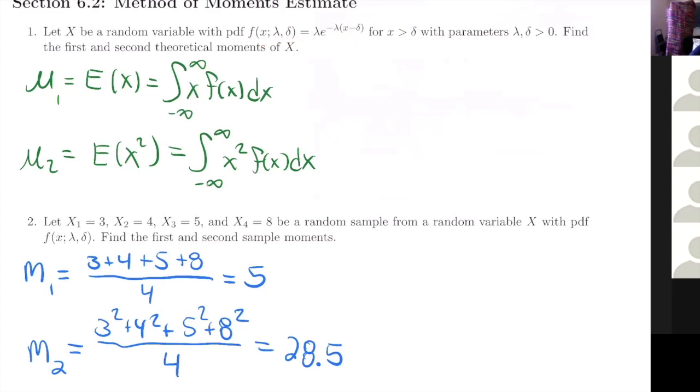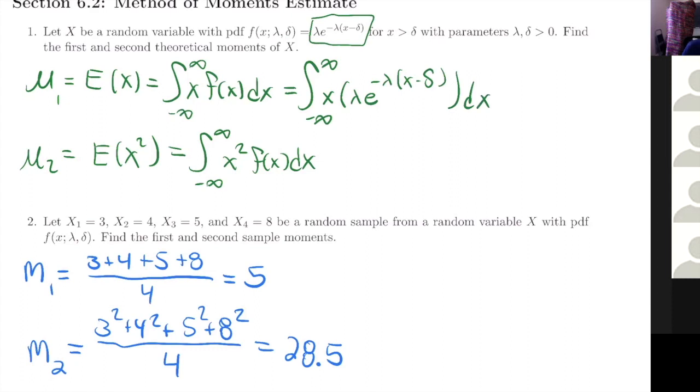So for the first theoretical moment, I'm just going to plug this in for f of x. And then we would integrate over our domain, which in this case is not negative infinity to positive infinity, but we know that x is bigger than this parameter delta. So we would integrate from delta up to infinity.